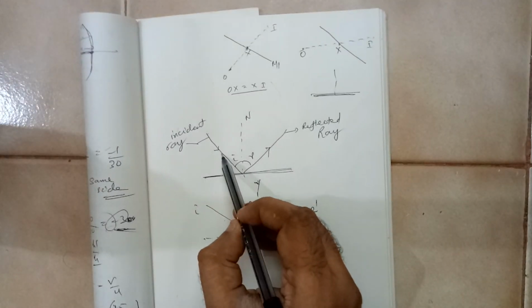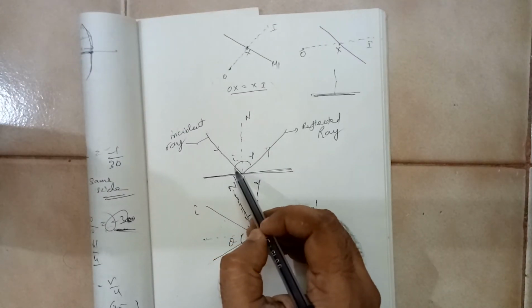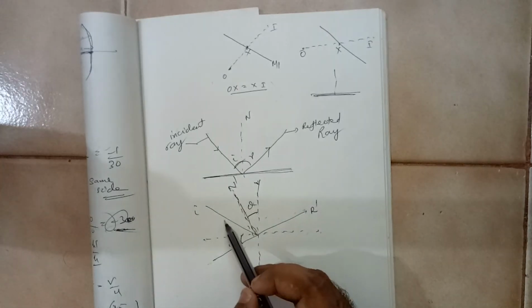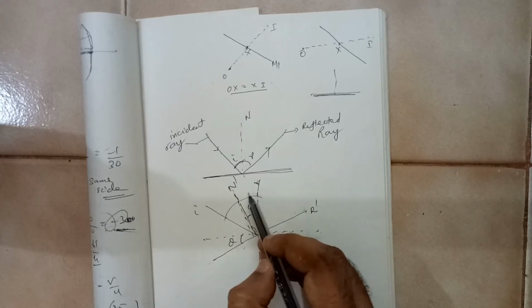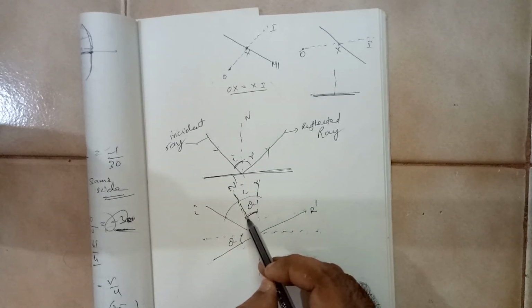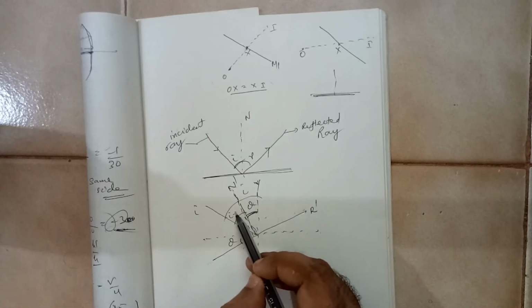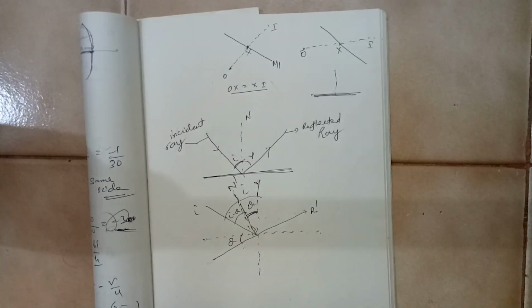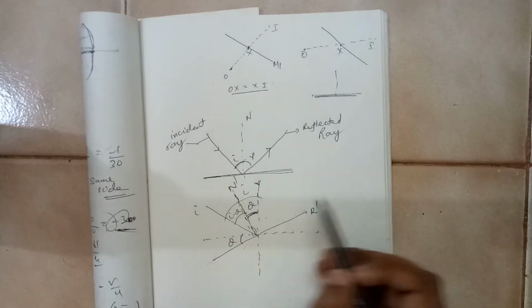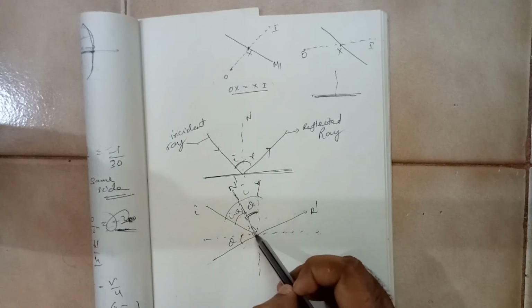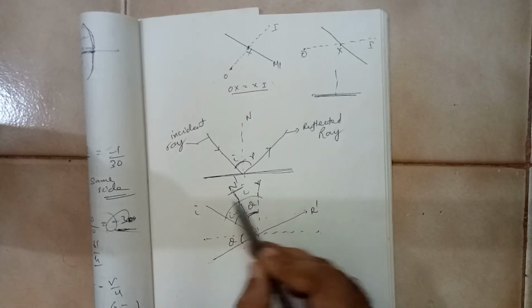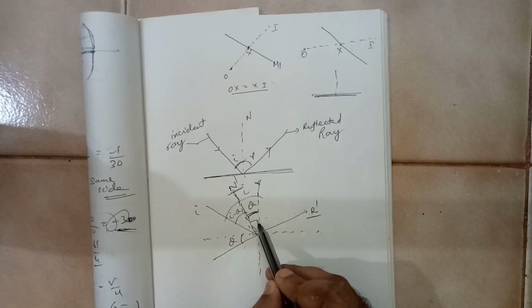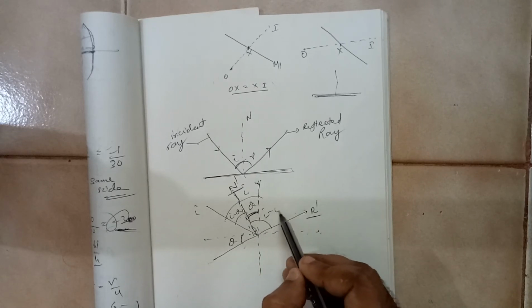Between the incident ray and the normal, the original angle was I. So this was the original I, this was the original N, this total angle was I. If this is theta, this becomes I minus theta. This is the new normal. So the reflected ray and the incident ray will be equal in this case also. Between the normal and the reflected ray, this angle will also be I minus theta.